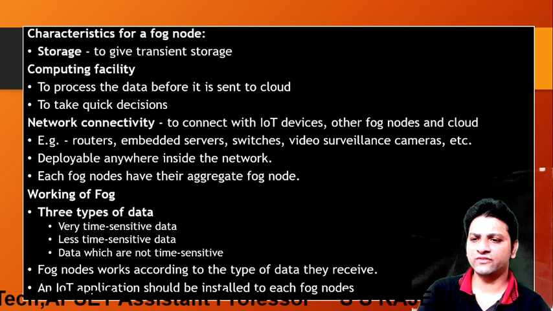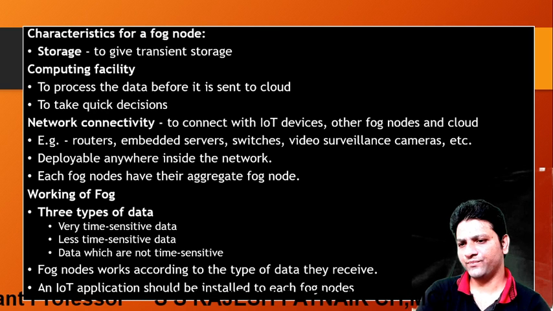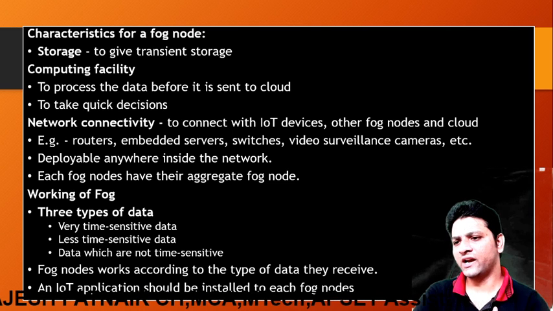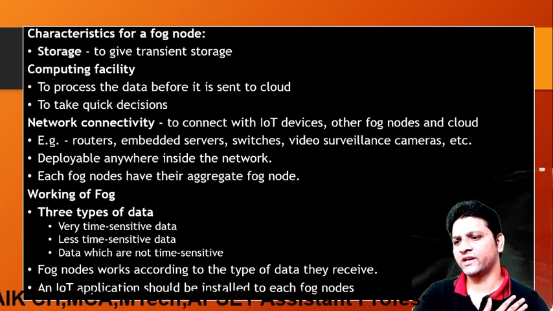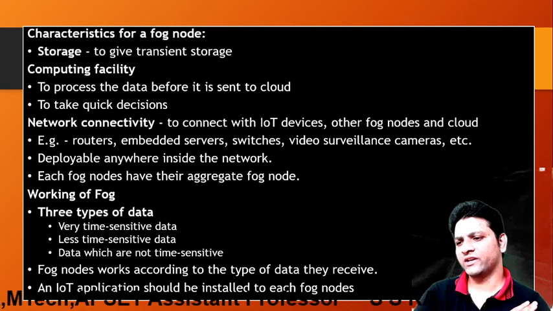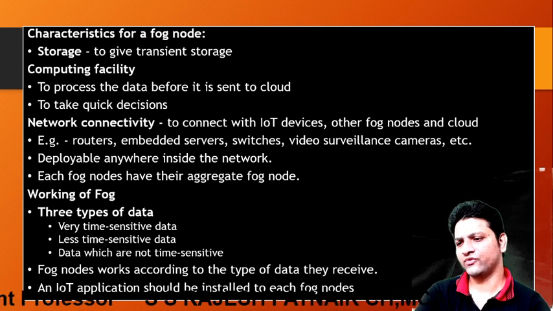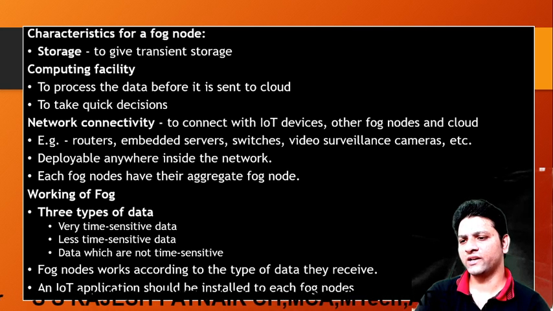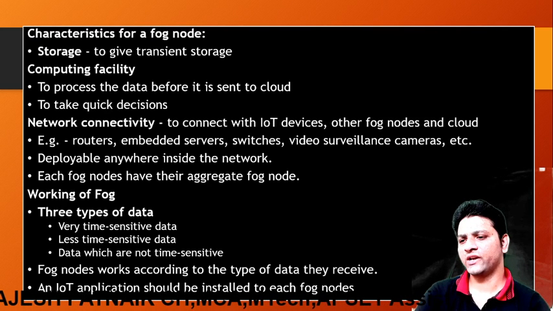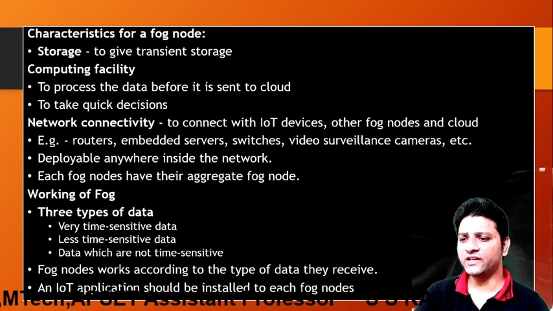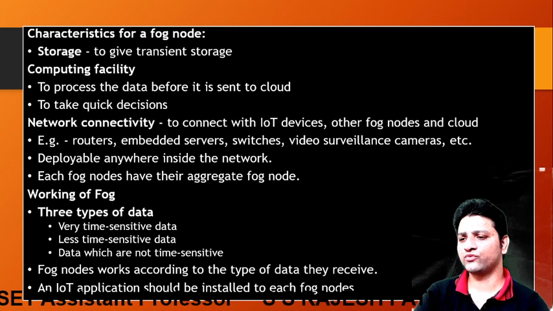Any type of network hardware connection will be taken care of under the fog only. That means network connectivity. And what is the working of the fog? There are three types of data: very time sensitive data, less time sensitive data, and data which is not time sensitive. There are three types of data that work with fog.